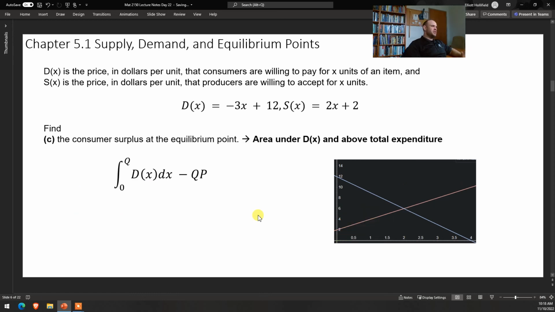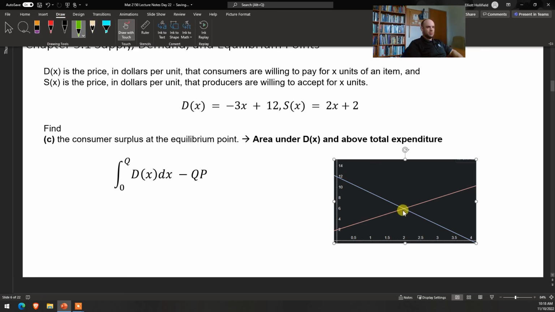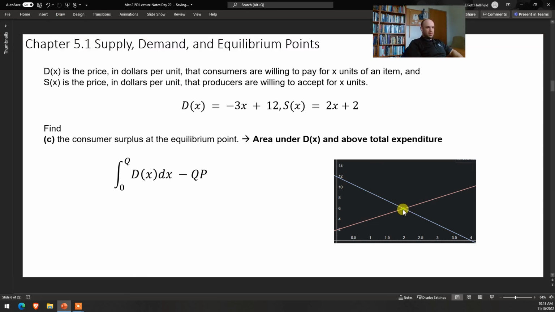Now for part C, the consumer surplus. Let's again, on our graph, place our equilibrium point and draw the rectangle which corresponds to it.